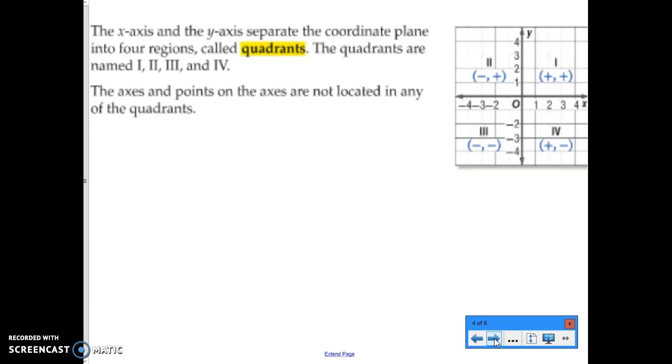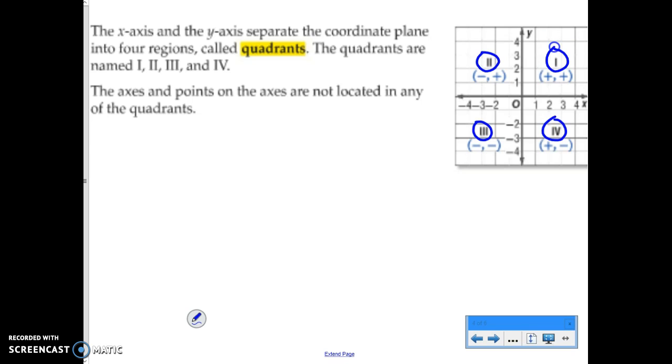Okay, let's take a look. It says the x-axis and the y-axis separate the coordinate plane into 4 regions called quadrants. The quadrants are named 1, 2, 3, and 4 in Roman numerals, and the axes and points on the axes are not located in any of the quadrants. So what that means is, right now I can see that I've got quadrant 1, quadrant 2, quadrant 3, and quadrant 4.